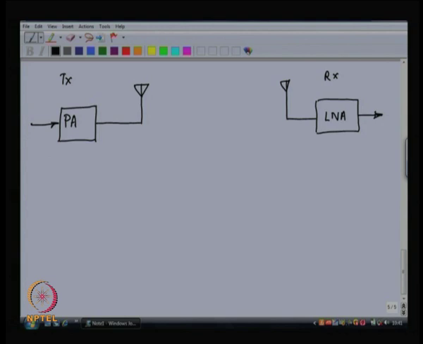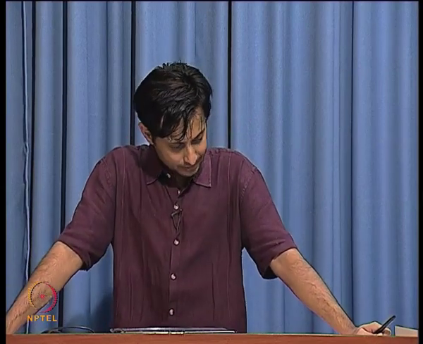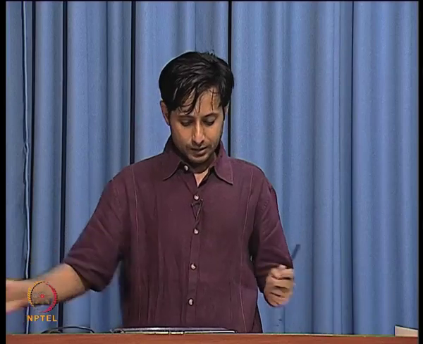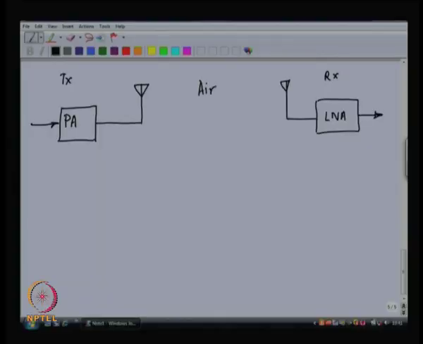The first thing is as follows: we have a transmitter on the base station and a receiver on our handset, or we have a transmitter on the handset and a receiver on the base station, both cases. Between the two antennas of the base station and the client, we have air. In this medium, the signal that is being transmitted travels as an electromagnetic wave.